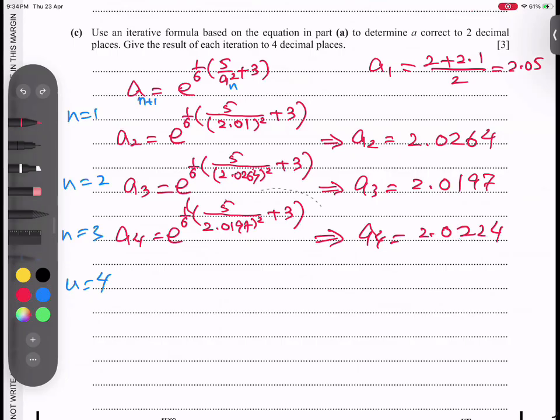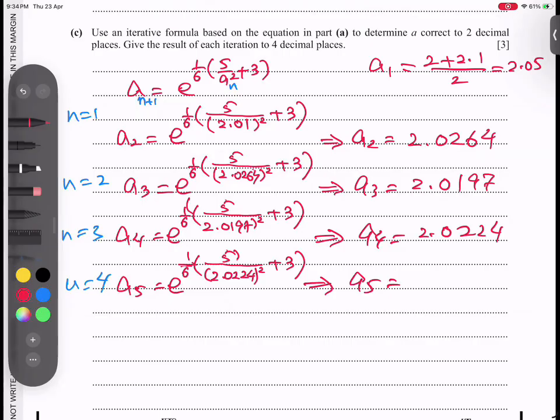So if I copy this complete, here I got 5, and here I'm going to replace. Okay, 5, and here I'm writing a5, 2.0224 squared. I get a5, students.